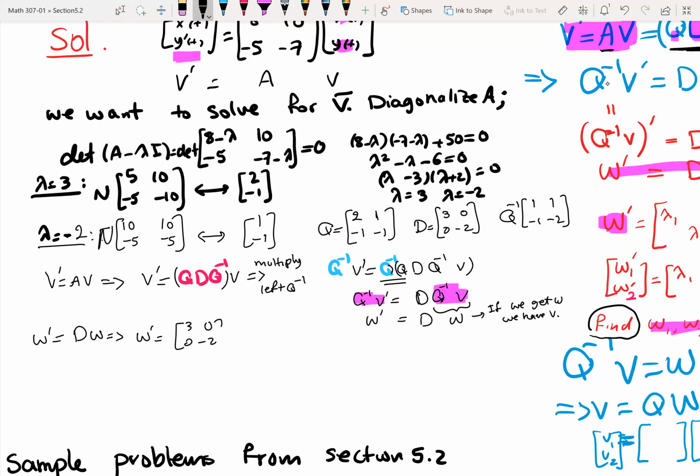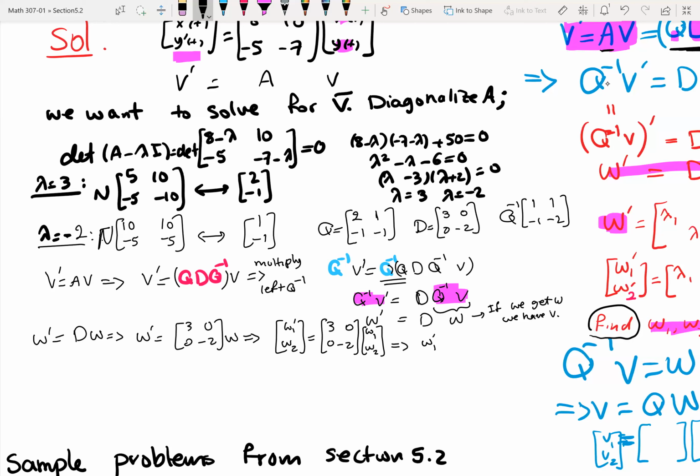W prime is going to be 3, 0, 0, negative 2 times the W, and that gives you W1 prime, W2 prime. It's just a really simple differential equation that we can solve by integration, right? W1 and W2, and that's what the differential equation is.